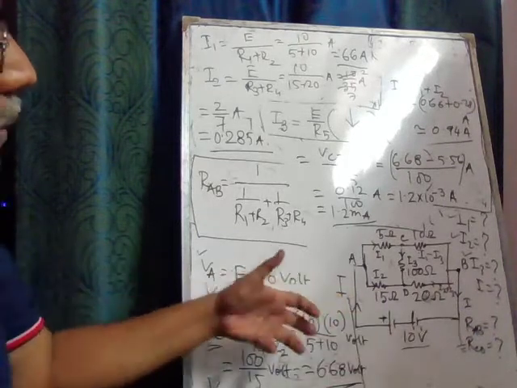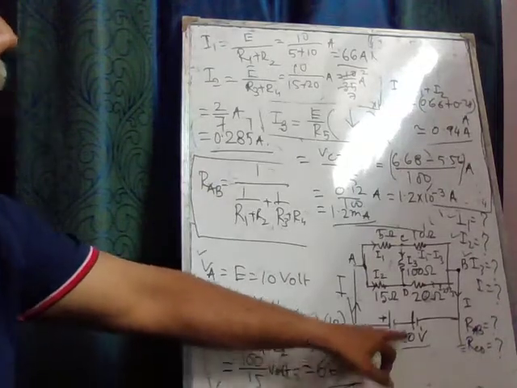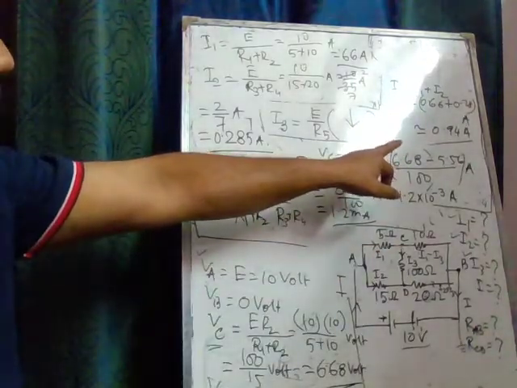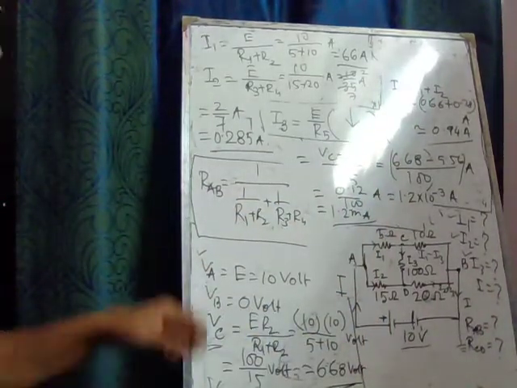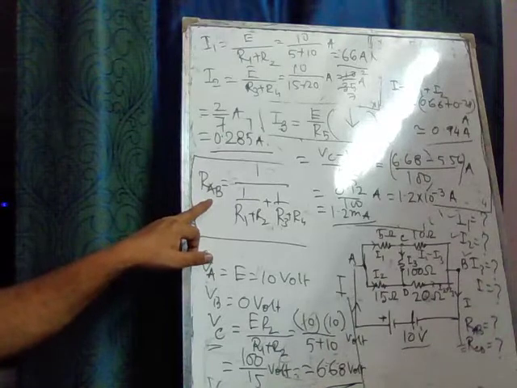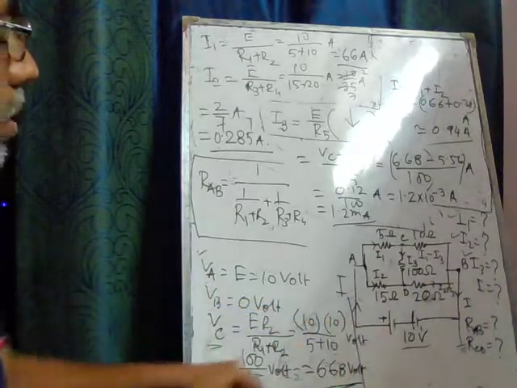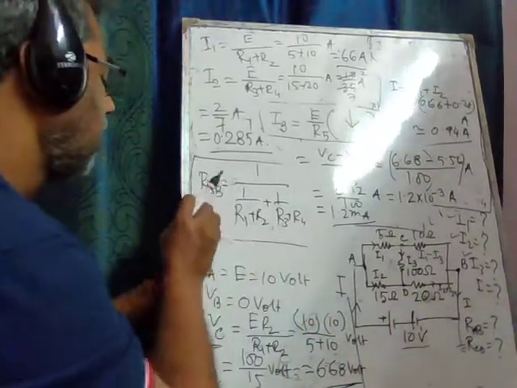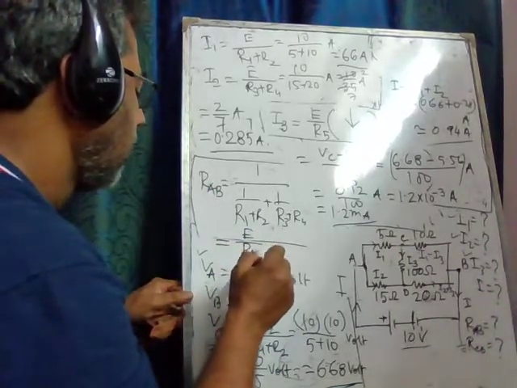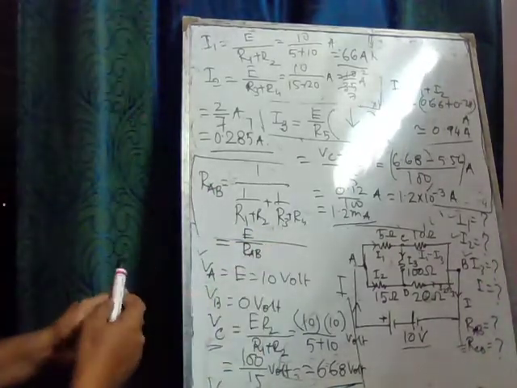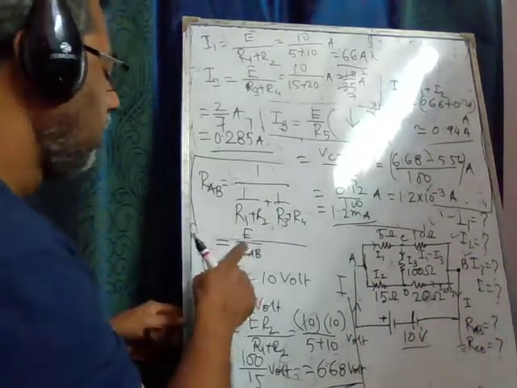So the effective resistance between A and B must be 10 over the current 0.94. That is something more than 10 ohm. We can also calculate it from the resistances, but this one is simpler as we know the total current. So this is nothing but E over R effective, where E over I is the total current.